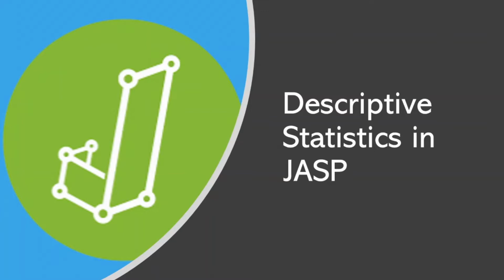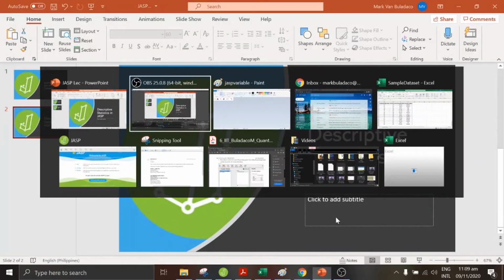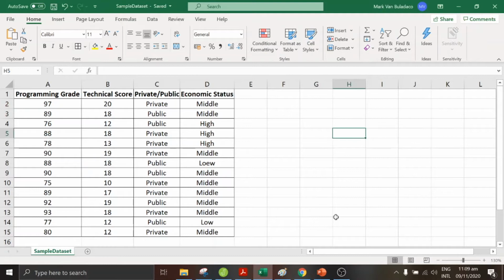So for this lecture, we basically need a data set. So you need to provide your own data set. In this case, you can copy the data set on programming and technical scores.